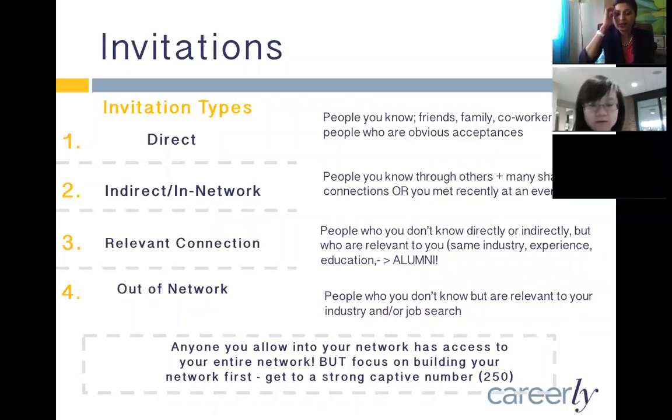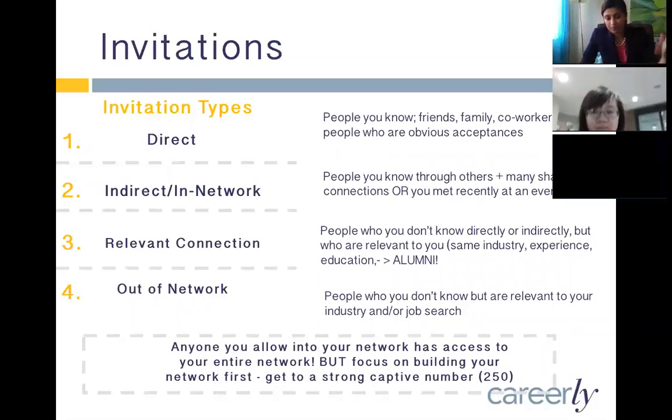I'm not going to go through this too much in the interest of time, but we'll try to share some of this information with you after. This is really about invitations, whether you are sending invitations or receiving them. There are different types of invitations from different types of people, so you need to judge who these people are.